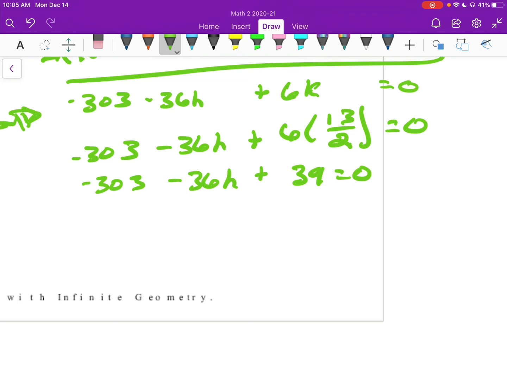So I'm going to have 303 on the right minus 39, which gives me 264. If I divide that, it'll give me a decimal, so I'm going to do the ABC button. So 264 ABC 36 gives me 22 thirds. It's actually going to be negative also.